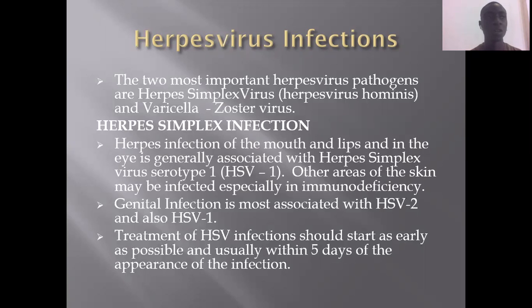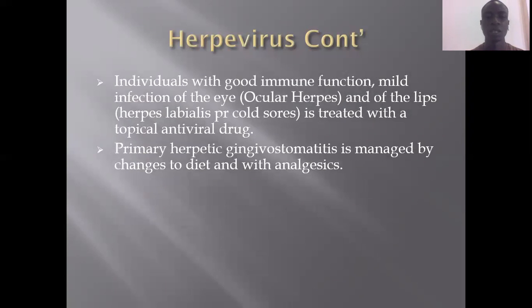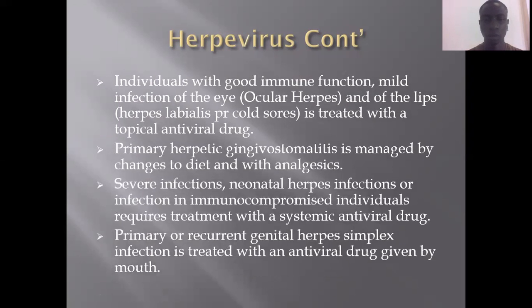It can be a genital infection, lip infection, skin, mouth or eye infection. In individuals with a good immune system, mild infection of the eyes and lips is treated using topical antiviral drugs.